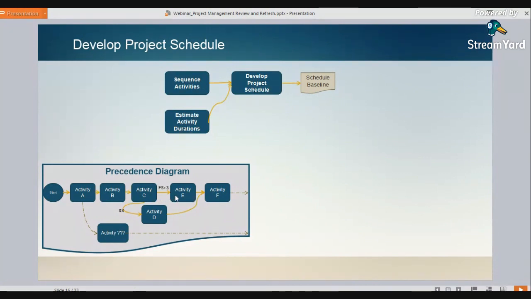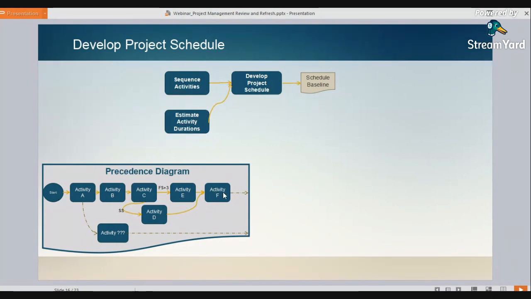E has to wait 3 days after activity C has been completed. The example I use in class is activity C is pouring concrete, and activity E can't begin as soon as the concrete is poured. It's got to wait for it to cure and become hard and buildable. And that can be used for any sorts of examples.